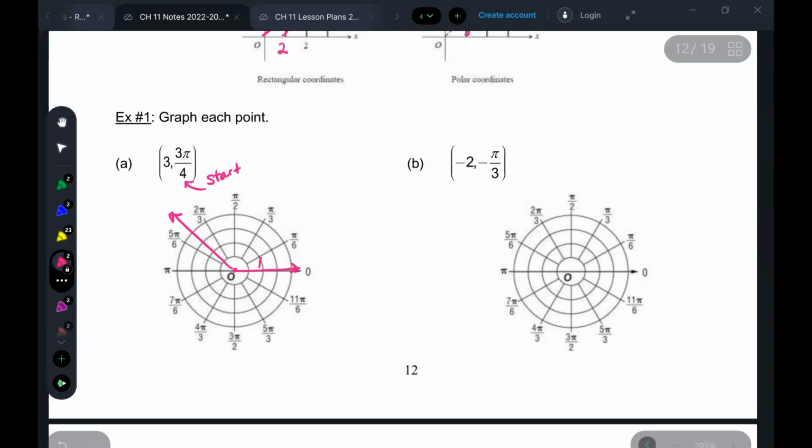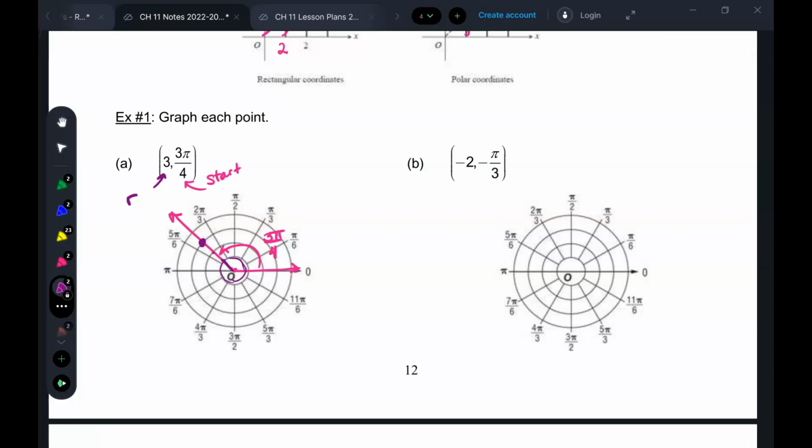So here is my angle, 3 pi over 4, in the positive direction, so I draw the angle denoting that. And then I want to count. The first circle is a radius of 1, and we want to count 3 because r is 3. So 1, 2, 3, and we put a point there. So start with the angle, and then plot the point.